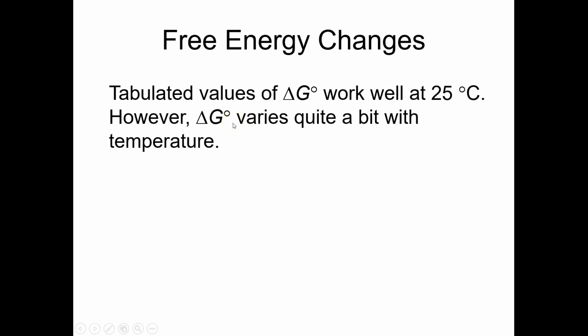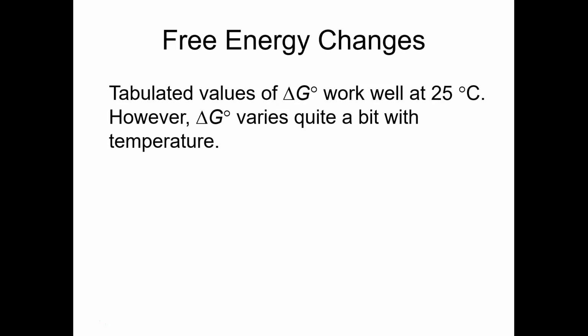And you can think about this in terms of the conversation we had previously about the fact that some processes, their spontaneity is temperature dependent. And we talked about the freezing of water being an example, that it was spontaneous below 273 kelvins, but that it was non-spontaneous above 273 kelvins.